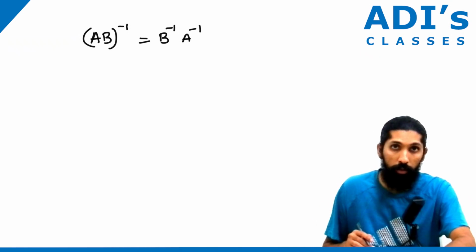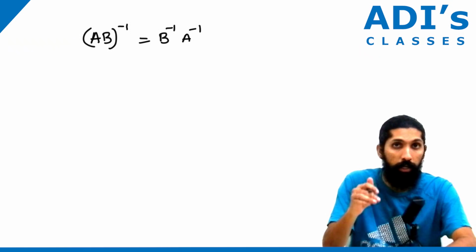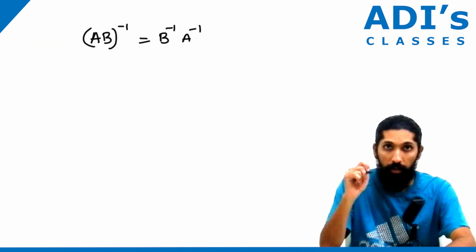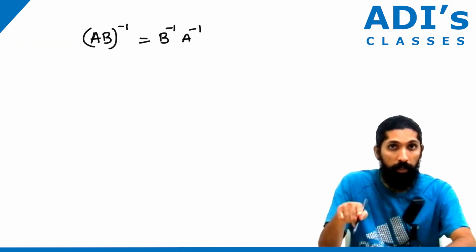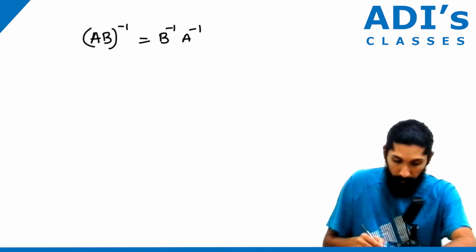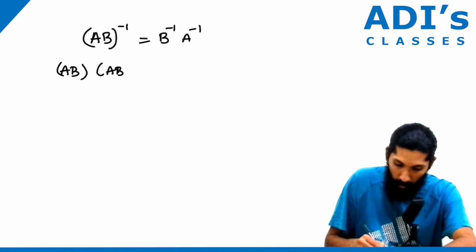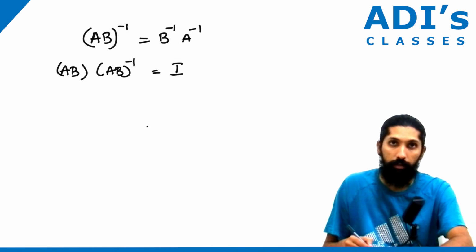See, (AB) whole inverse is equal to B inverse into A inverse, correct? So now we know that A into A inverse is I, or A inverse into A is also equal to I. So we'll use that logic here. You have AB into (AB) whole inverse is equal to I. Correct?